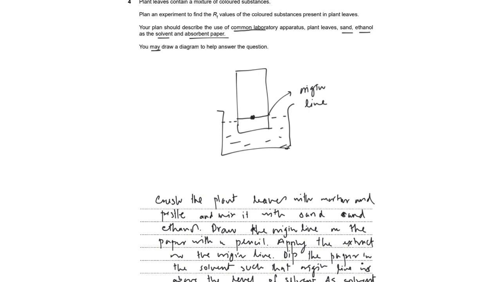Now the solvent will travel up and this will be separated into its dyes, and you will mark the final solvent position, or what you call the solvent front. And now if you need to calculate the RF values of these colored substances, you will use the formula distance traveled by substance over distance traveled by solvent.